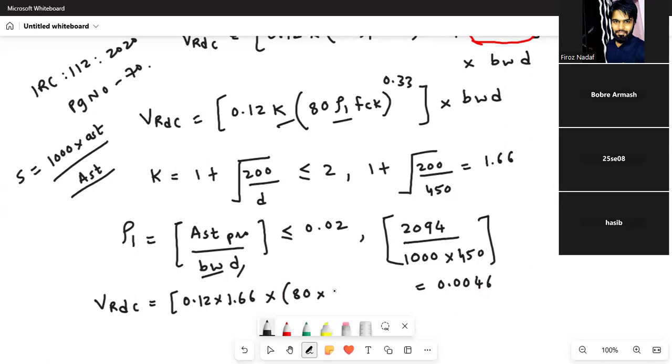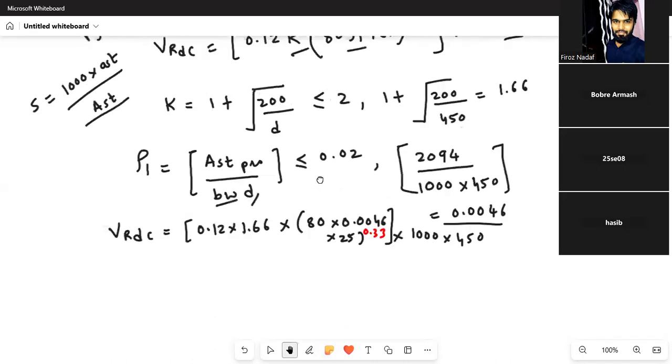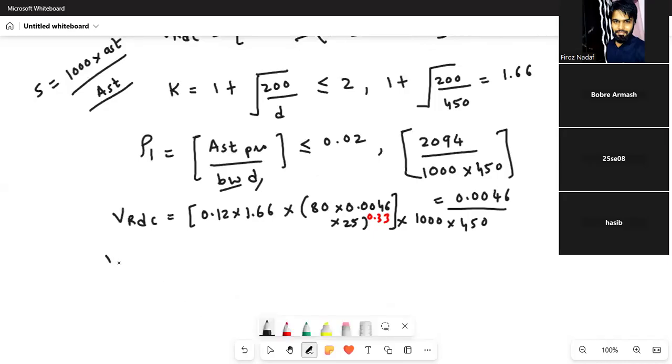The value of rho 1 we have gotten is 0.0046, into 25, bracket close, raised to 0.33, into BW, which is 1000, and into d, which is 450. By solving this, the VRDC that you are getting is 188 kilonewton.